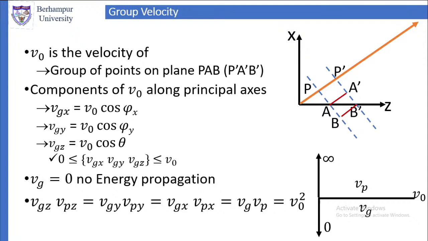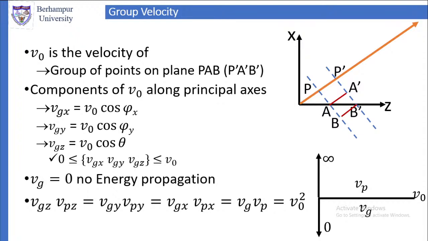Vp will be greater than or equal to V0, Vg will be less than or equal to V0, and they will meet exactly at V0. They meet only under one condition: when the direction of propagation is equal to one of the principal axes.